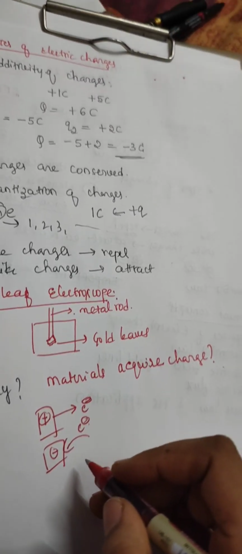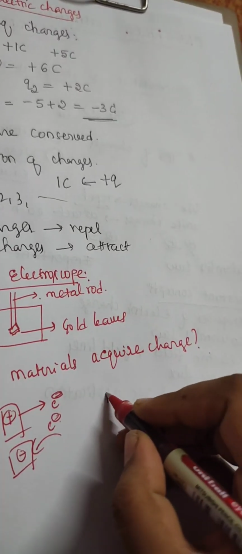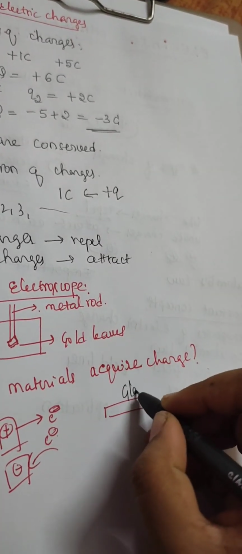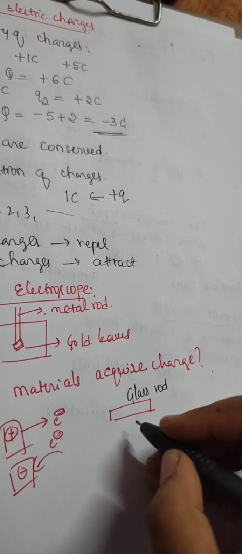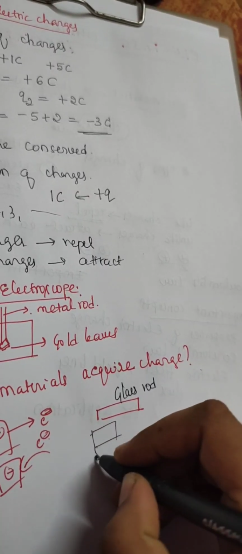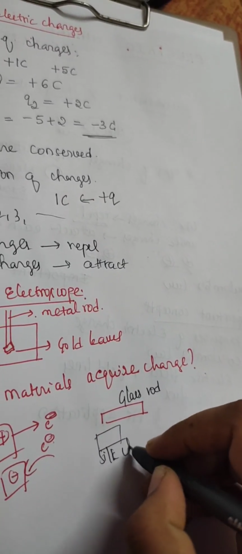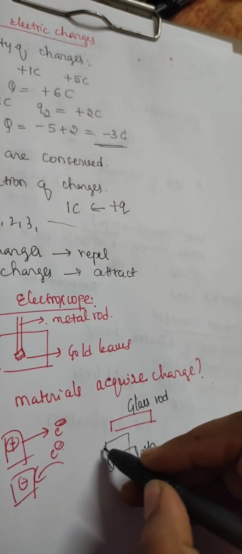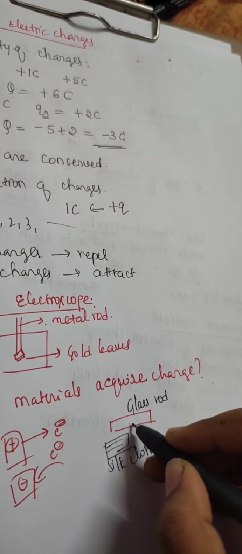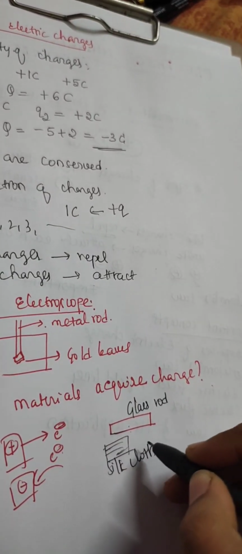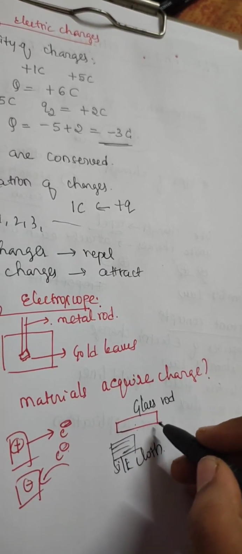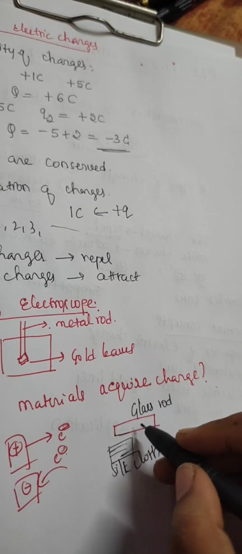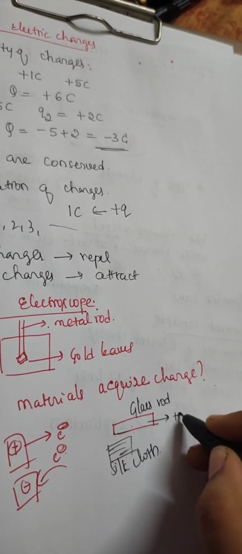Consider the example of rubbing a glass rod with a silk cloth. The loss of electrons from the glass rod makes the glass rod positive.